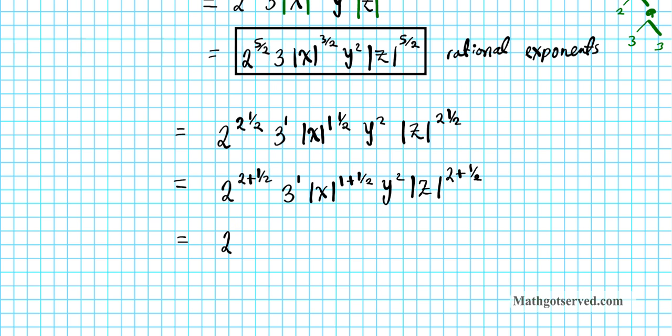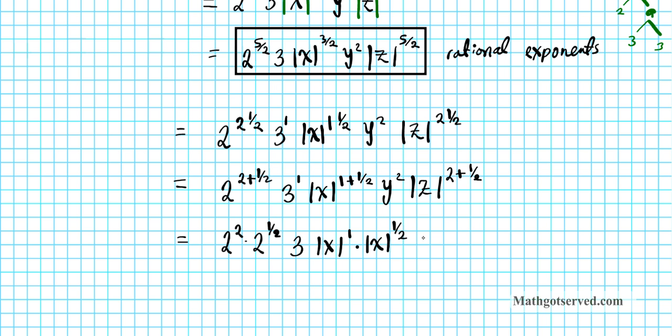Okay, so we're going to have 2 squared times 2 to the 1/2. Remember the product property of exponents, if you have the same base, you add the powers. So using the reverse of that, times 3, leave that alone since the power is an integer, times the absolute value of x to the first power times the absolute value of x to the 1/2.